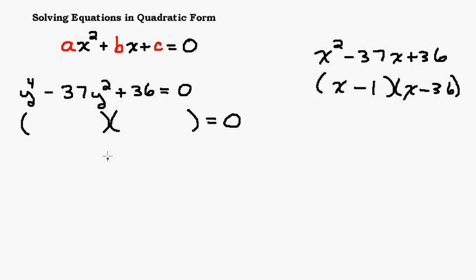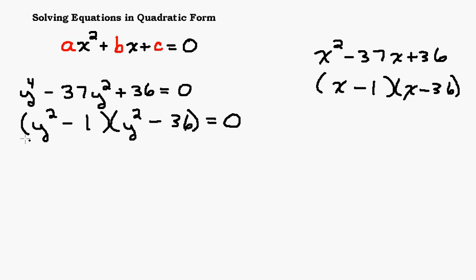All right, so the only difference over here is, we're still going to have this, that we need these first two terms in the parentheses to multiply to be y to the 4th. So that's going to be y squared times y squared.